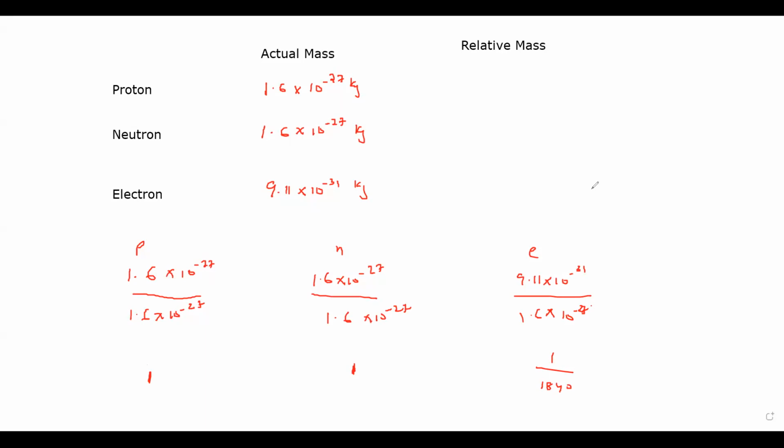How do you relate the mass? I will give an example. Say student A has a mass of 60 kilogram, and student B has a mass of 120 kilogram. These are the actual masses.